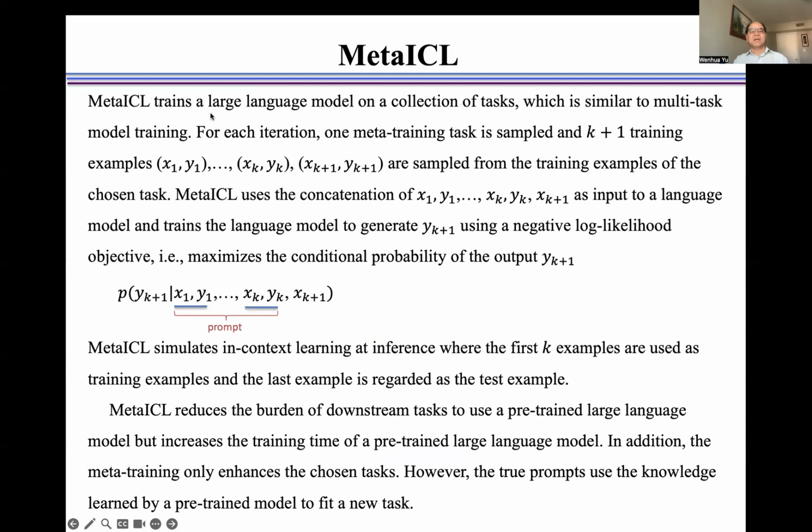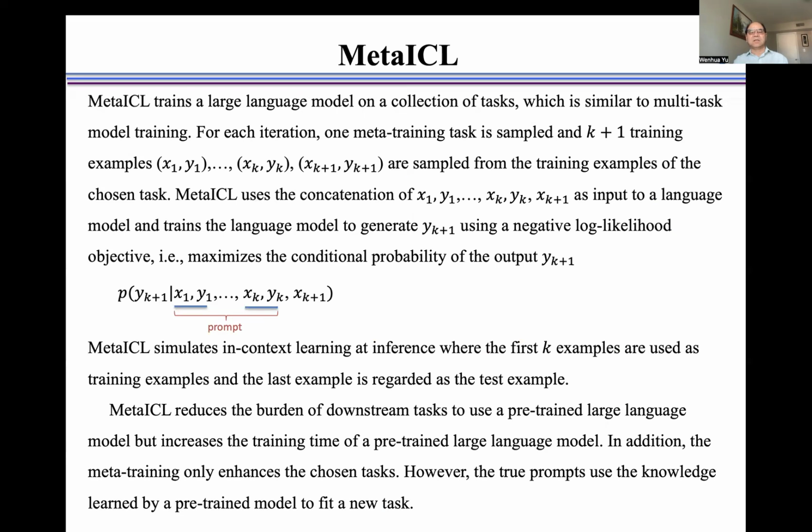MetaICL trains a large language model on a collection of tasks, which is similar to multitask model training. For each iteration, one meta-training task is sampled, and k+1 training examples (x1, y1) to (x_{k+1}, y_{k+1}) are sampled from the training examples of the chosen task.